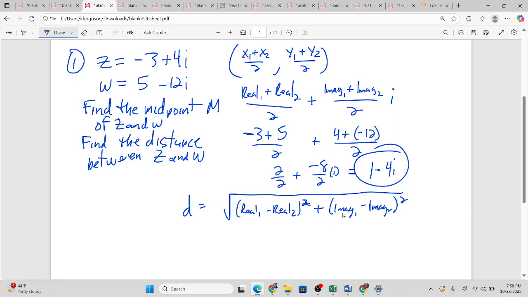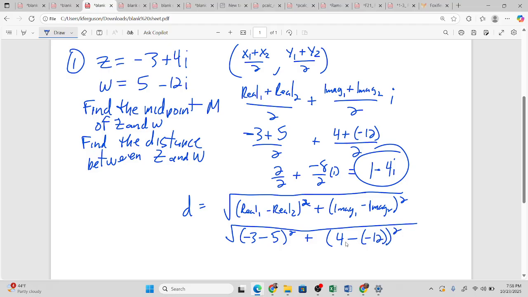Now what's important is that I could reverse this as long as I'm consistent. So if I said real 2 minus real 1, imaginary 2 minus imaginary 1. So my real 1 is going to be negative 3. So that is a negative 3 minus 5 squared plus, now my imaginary, I'm going to have 4 minus a negative 12.